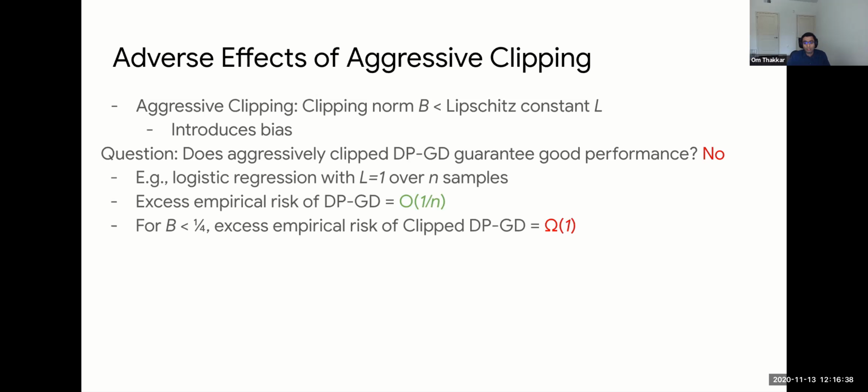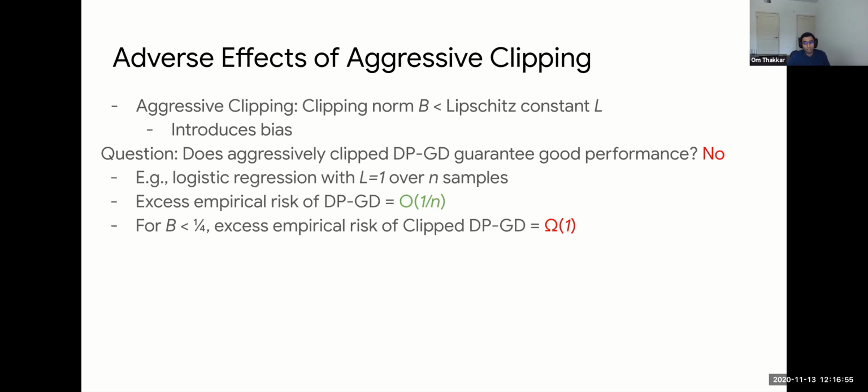We can show that the excess risk of DPGD is on the order of 1 over n, whereas if your clipping norm is less than 1/4, we show that the excess risk of clipped DPGD is lower bounded by a constant. And this is a degradation from the previous guarantee.